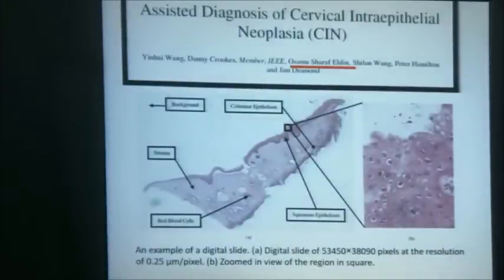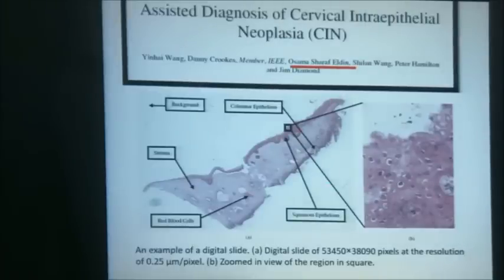This is what's called image segmentation, and we did this with computer science people. We applied this using a very complex software called MATLAB, and this was published in the IEEE, which is an electronic journal. We used image segmentation to evaluate cervical intraepithelial neoplasia, or CIN.